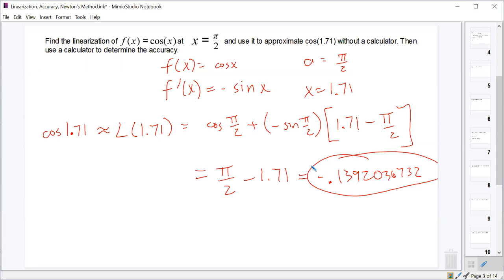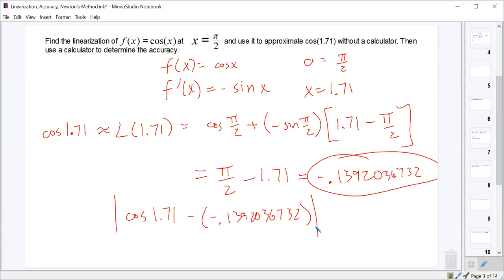And so then if we want to know how accurate that answer is that we got, we just go back in and we say, all right, let's take the actual cosine of 1.71 and subtract this, and take the absolute value.